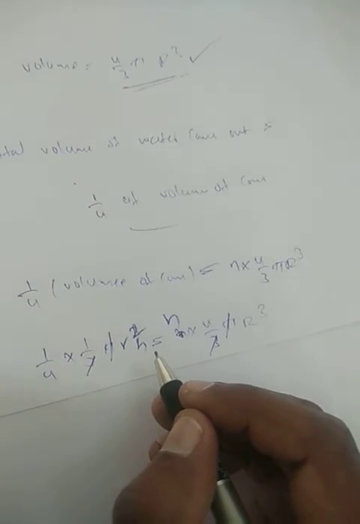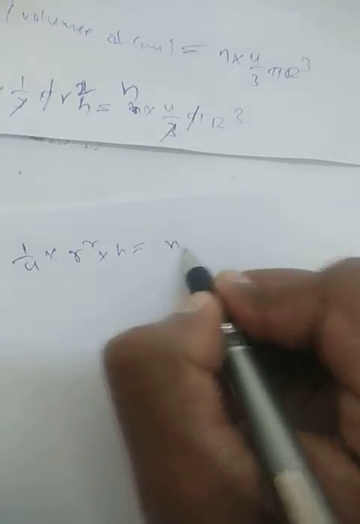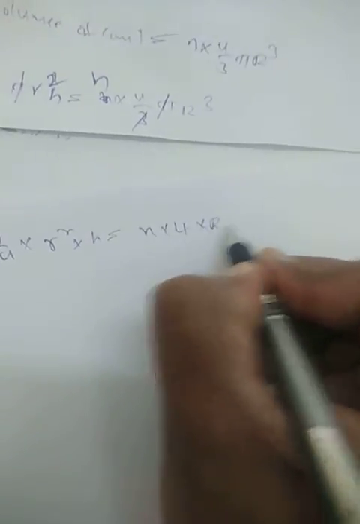Now I can write the expression. Look at this. What are the things left? 1/4 into r square into h is equal to n into 4 into r cube.